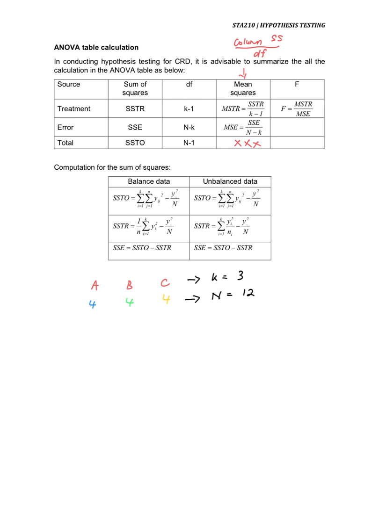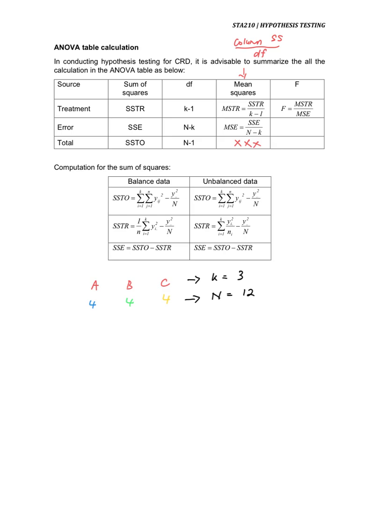So in order for you to complete the degree of freedom for the ANOVA table, for this example, the degree of freedom for the treatment is 3 minus 1. So the value of degree of freedom here is 2. And the degree of freedom for error here is 12 minus 3, which is 9.